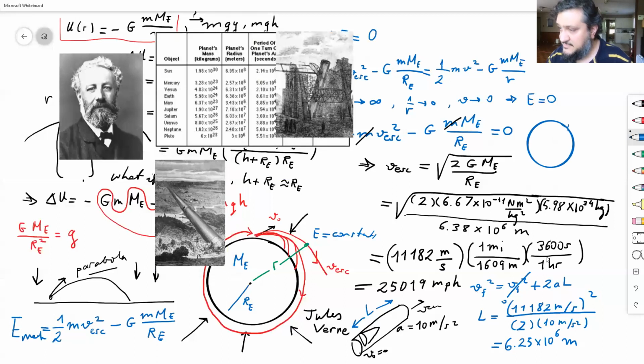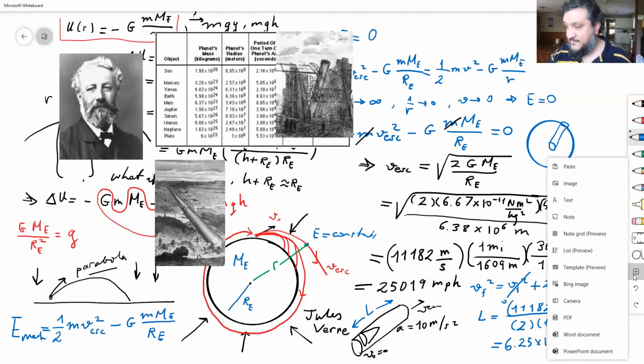This is where you exit. This is where you start, the center of the Earth. With a reasonable acceleration, by the time you reach the surface of the Earth, you're going to have that escape speed. You have to go to the center of the Earth.